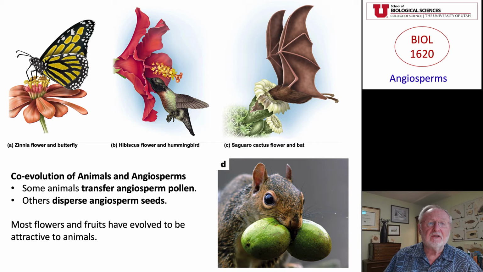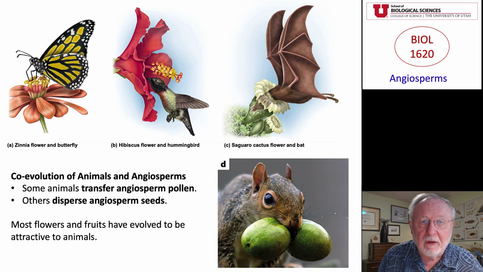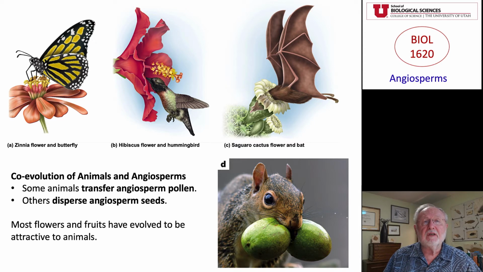Let's consider some of these examples of coevolution. Plants are incredibly smart, so to speak, and they're able to convince animal systems to transfer pollen from one flower to the next. This is much more effective than broadcasting the pollen grains, as happens in gametophytes, or releasing them into water, where they may or may not find another gametophyte to fertilize, a female gametophyte to fertilize.